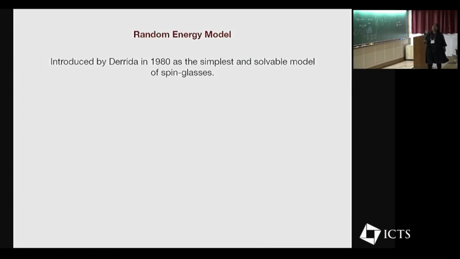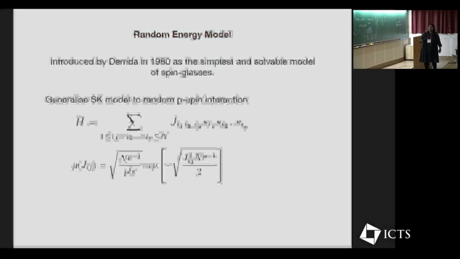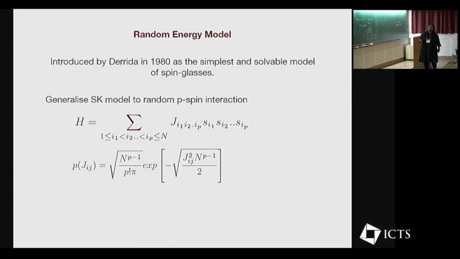So let us come to Derrida's random energy model. To derive the random energy model, one considers the generalized SK model with p-spin interaction. The Hamiltonian now contains interaction between p spins, and the couplings are taken from this distribution.